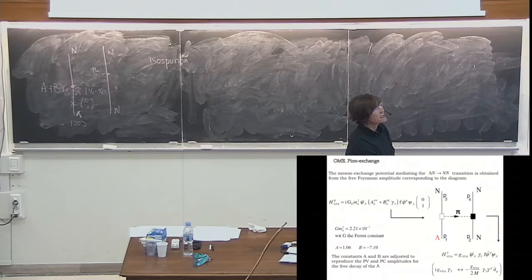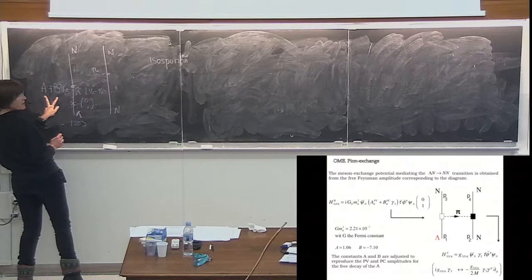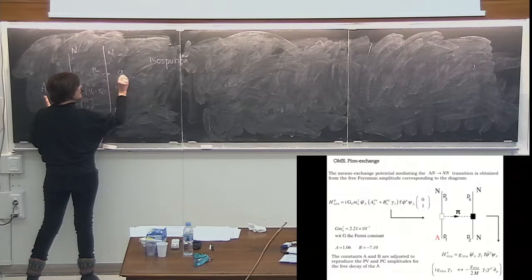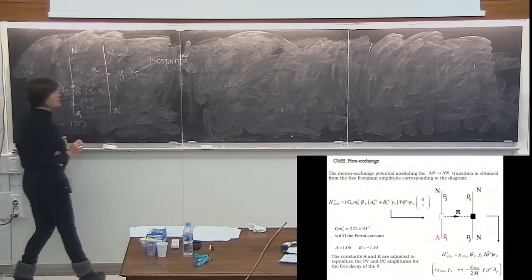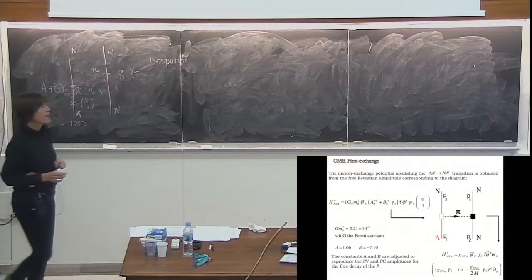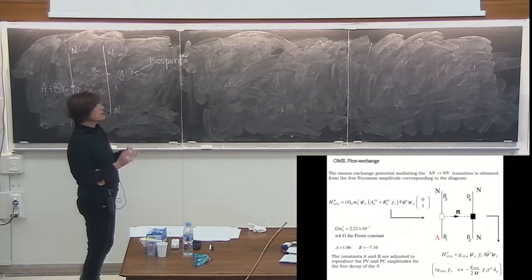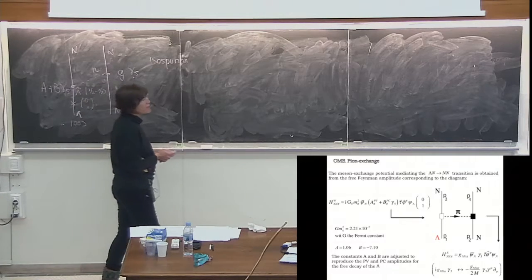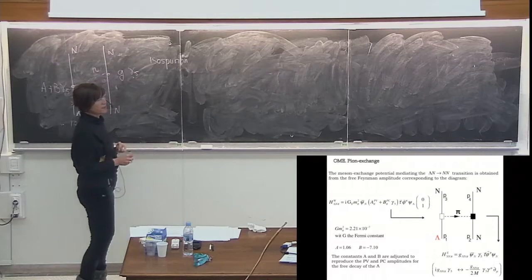And so now we have the two vertices, okay? This is the standard parameterization for the weak one, and we have the pseudo-scalar coupling on the other side. And then you need the meson propagator that connects the two vertices in this diagram.